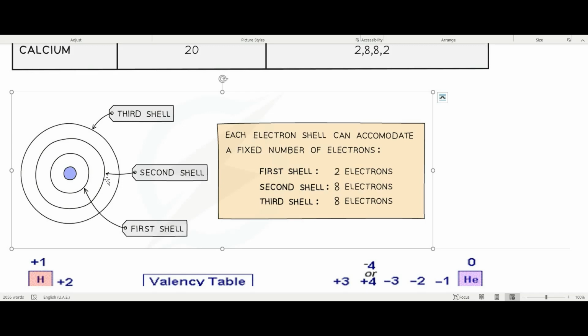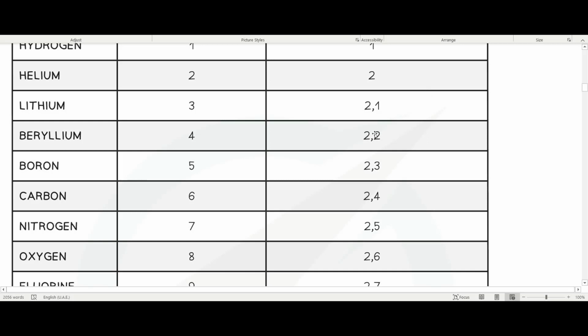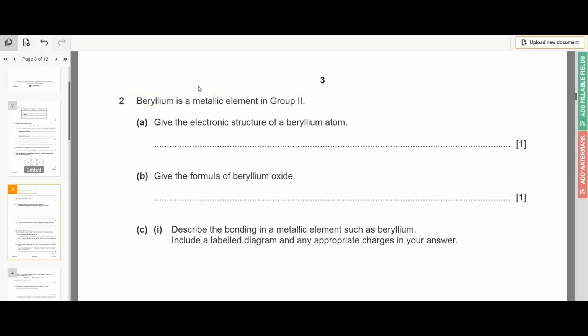Now you can see here, beryllium has 4 electrons in total. This means the first 2 electrons will go in the first shell, and the second shell will hold the rest of the electrons, which is 2 electrons. So our electronic configuration for this element will be 2,2, and you can see here clearly that for beryllium the electronic configuration is 2,2. So we'll just write here 2,2.